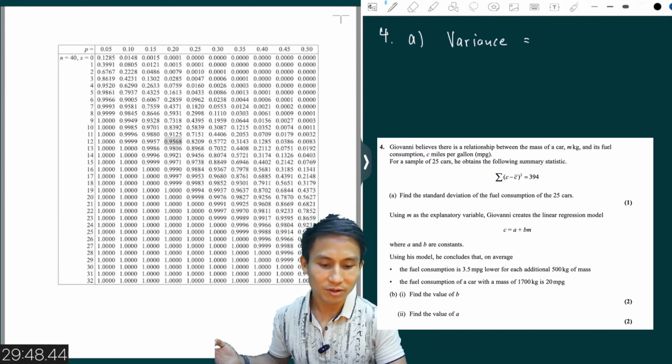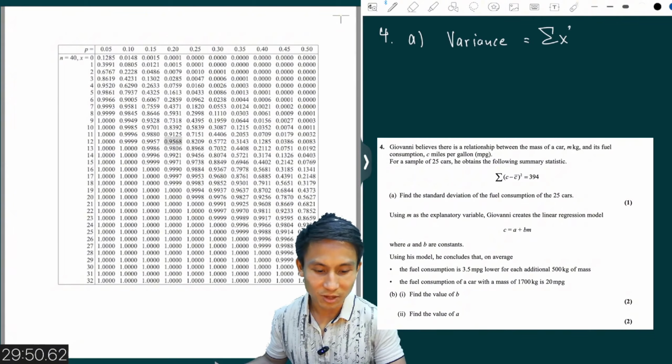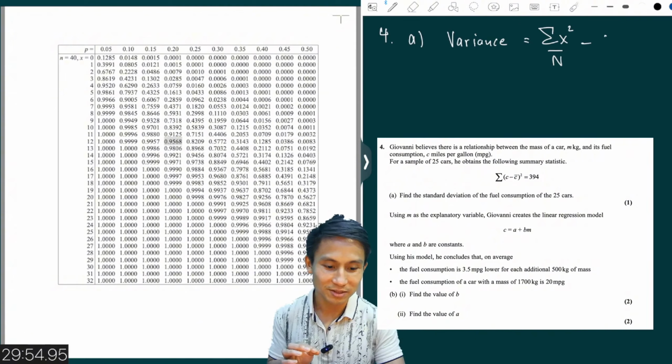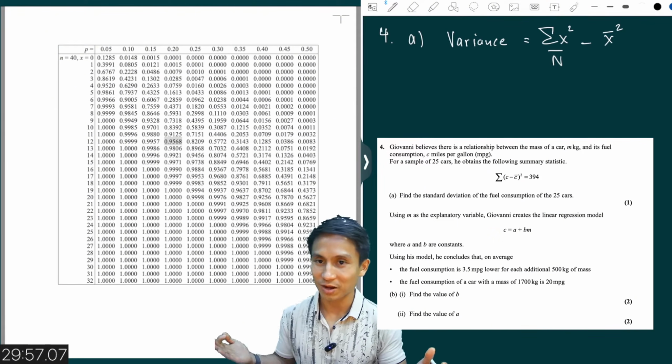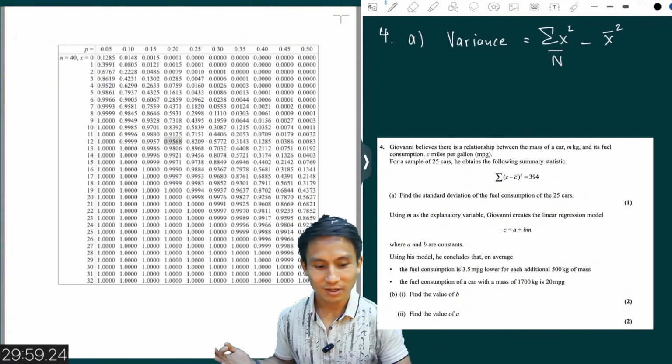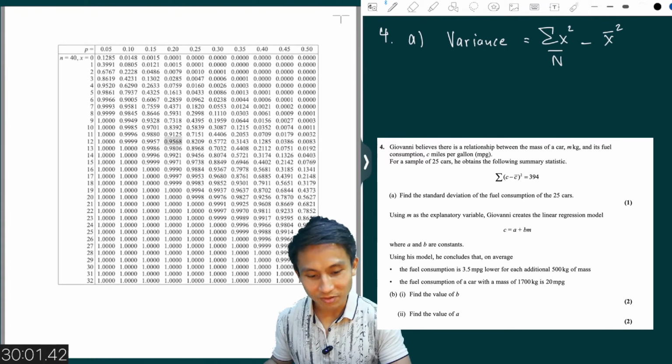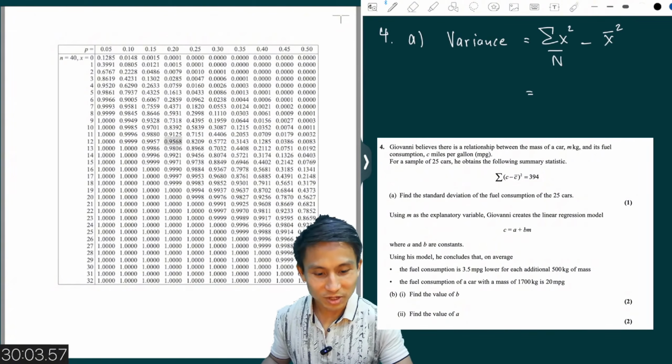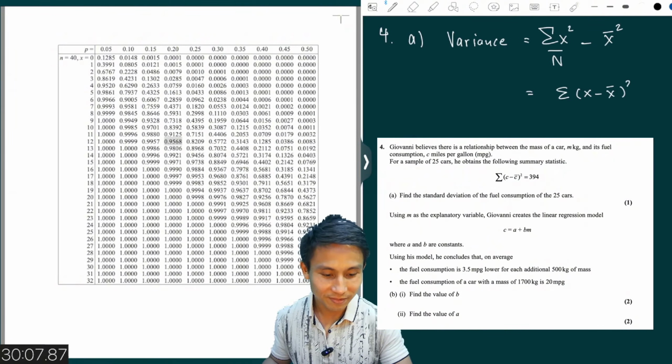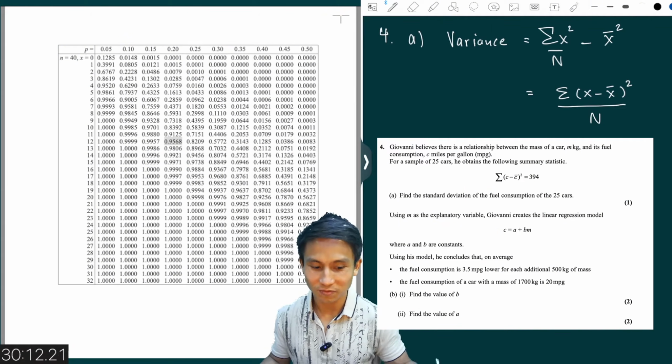You might already know that variance is the sum of x squared over n, the mean of squares, minus the square of the mean. The other formula combines that into one single term, dividing everything by n, and then we find the square root.